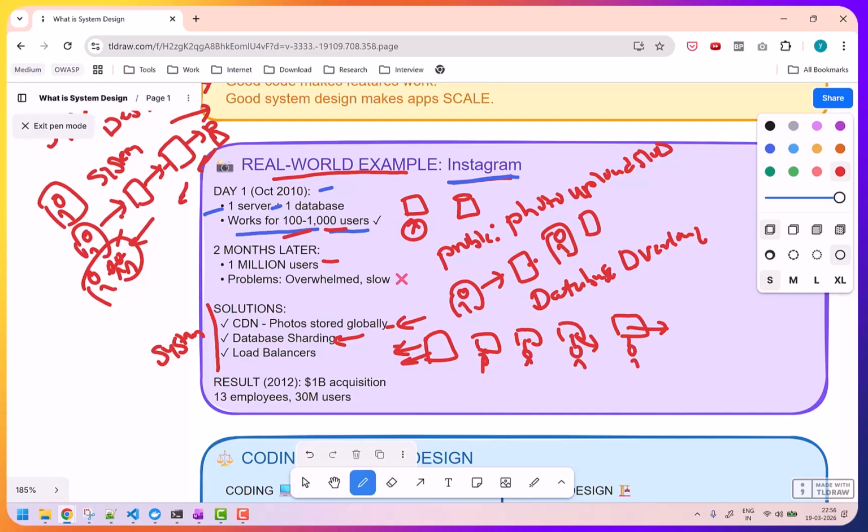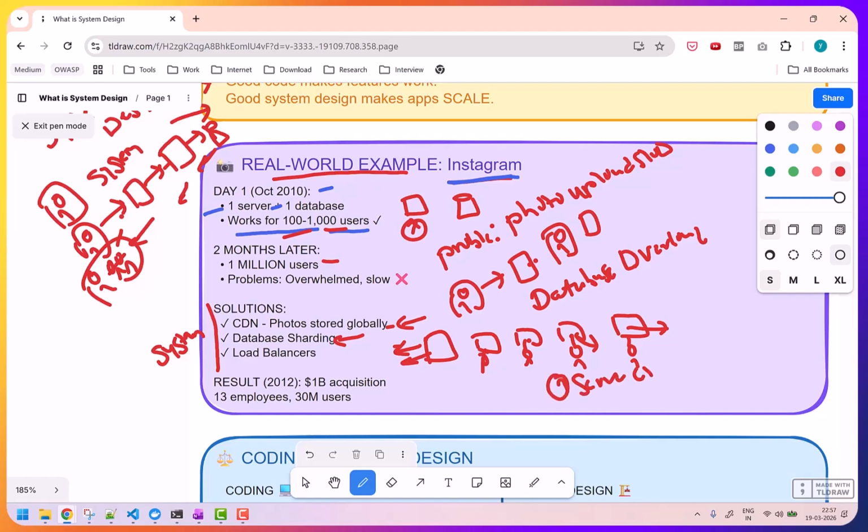The user load is distributed, and that's how the overloading problem is addressed. It's like going to a bank where initially there is one cashier, and now you have 10 cashiers. There will not be a queue at a single cashier; the queue is distributed and it becomes more efficient.